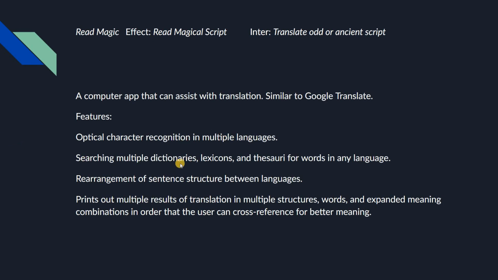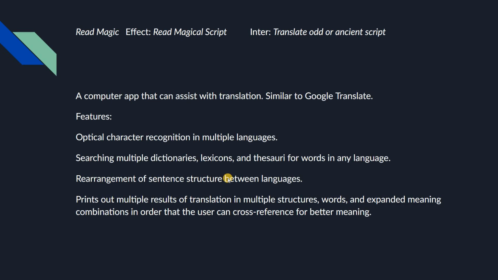And then from there, once you know what words you're picking out, you can search multiple dictionaries, lexicons, and thesauri for words in that language, and from that you basically have other words that combine, and you can cross-reference it to the other languages, or take out its meaning.